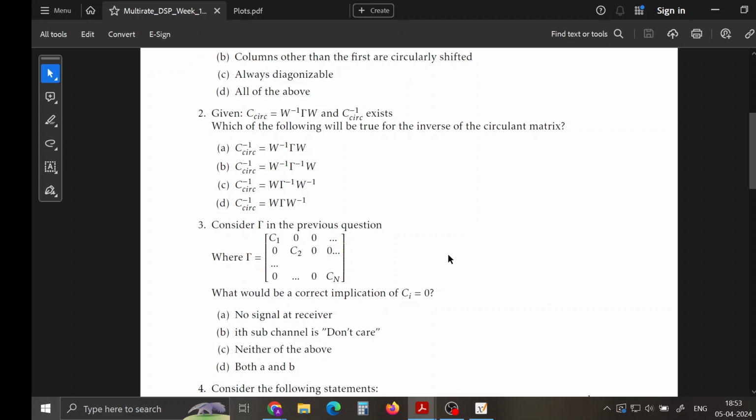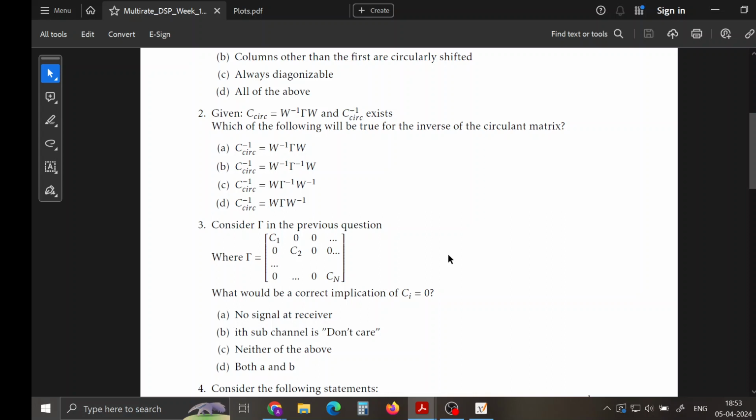First, there is no signal at the receiver, because there's no question of any signal at the receiver for that ith subchannel because the coefficient died, became zero. And secondly, by following the water filling strategy, we are not caring about that particular channel. We won't allocate any power. We won't invest our resource or power to transmit symbols through that ith subchannel because it's in a poor condition, poor SNR condition.